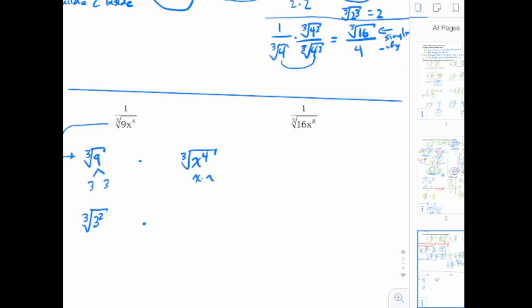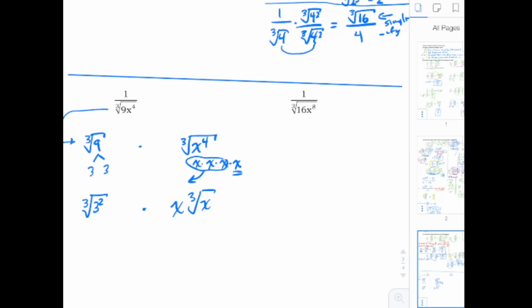If you do the hedgerow, you've got 4 of these things, right? 3 of them lets you release one outside because the cube root of x cubed is x. So you can basically release an x to the outside, and then you'd still have an x left inside. So what we've got then is an x on the outside, and on the inside, a 3 squared times an x.